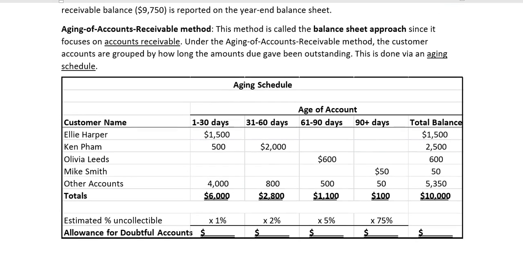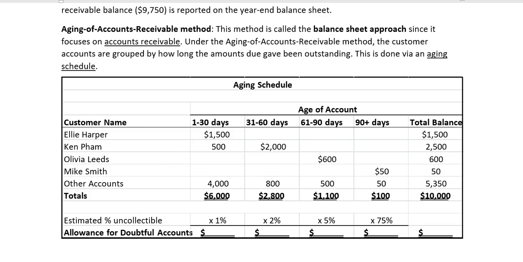This is aging of AR. This method is called a balance sheet approach since it focuses on accounts receivable. Under the aging of AR method, the customer accounts are grouped by how long the amounts due have been outstanding. This is done via an aging schedule.